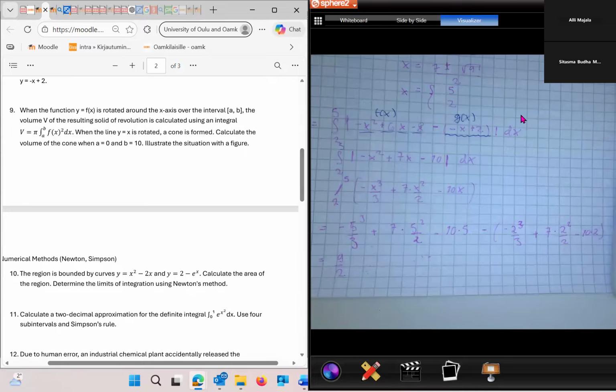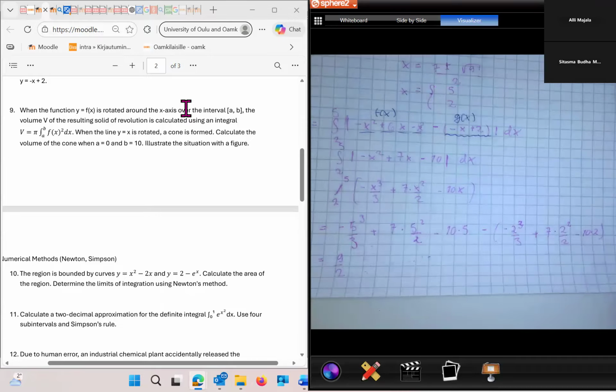Illustrate with the figure, whatever. So you want to rotate something, this is some kind of application function. Y is f(x). Maybe y is x. Yes, y is x.